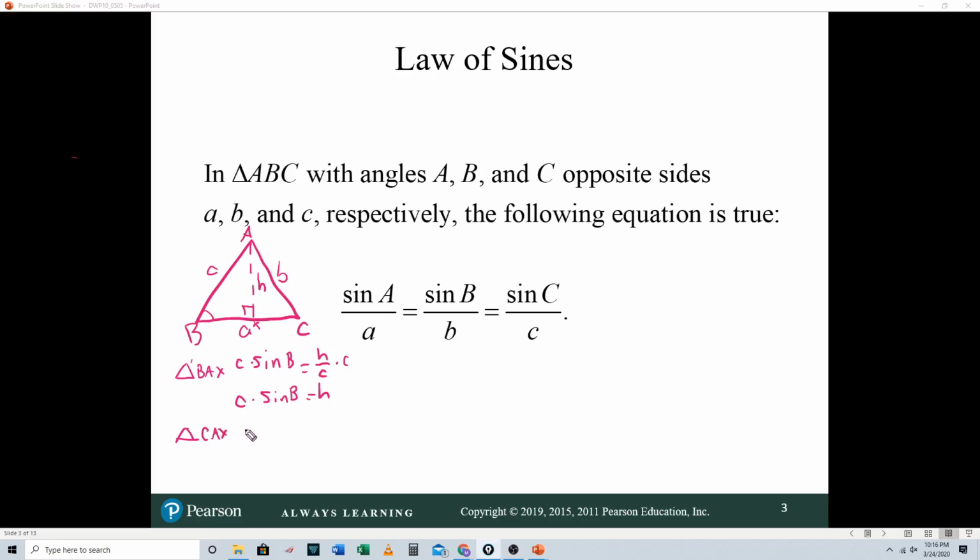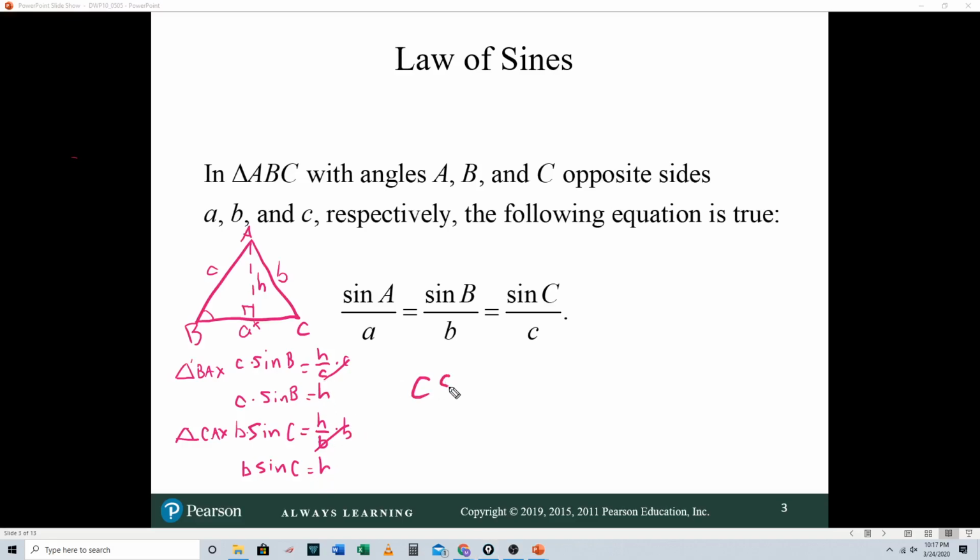We have sine of C is equal to h over b. Again, multiply by b, so b sine of C is equal to h. Since these are both equal to h, they're equal to each other.